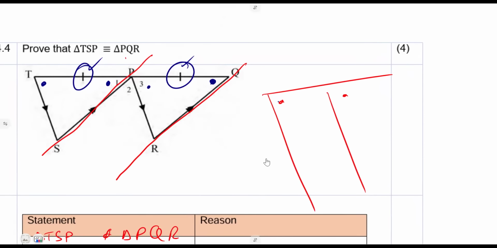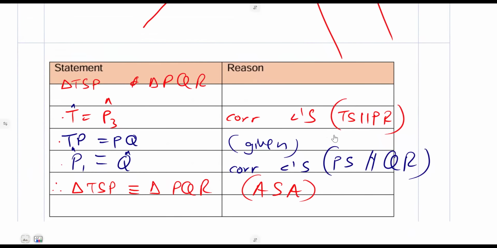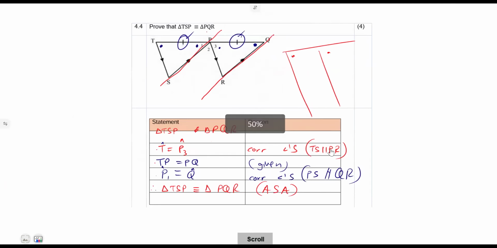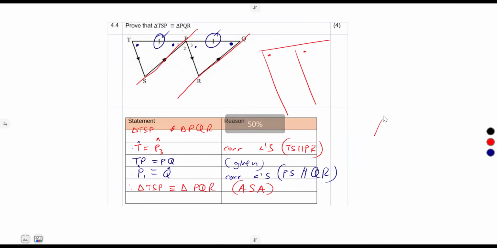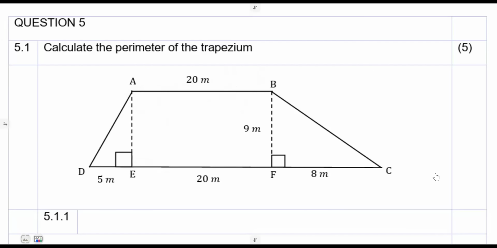So that is the reason for these two figures to be congruent. Guys, with congruence you just have to figure out whether it is going to be angle, angle, side, or angle, side, angle, or side, side, side. The case of congruence comes from how you relate this information. That is how these questions are given.